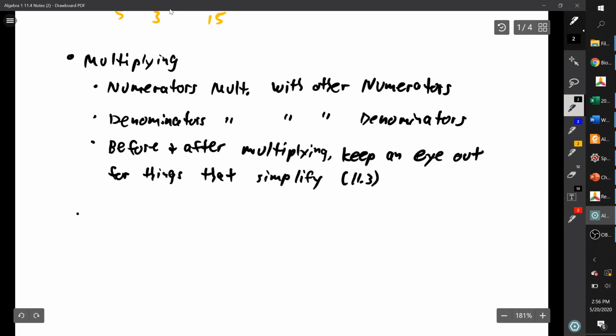All right, so let's do some examples. First example we have is x to the 5th y over 2z cubed times 18z to the 4th over xy.